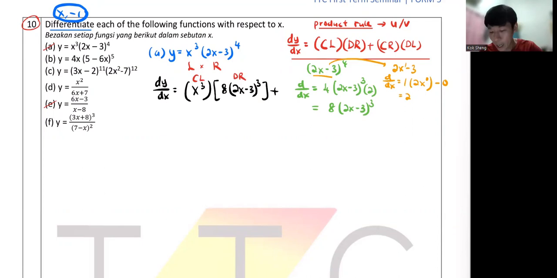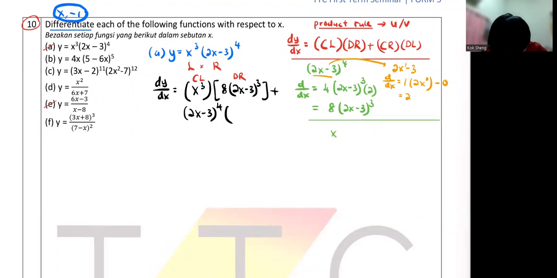Plus the next half will be copy right and differentiate left. So you can see the second half here is just the opposite of the first half. Copy right, differentiate left. Copy right, the right side, just copy only. And then differentiate left. What can I do here again?